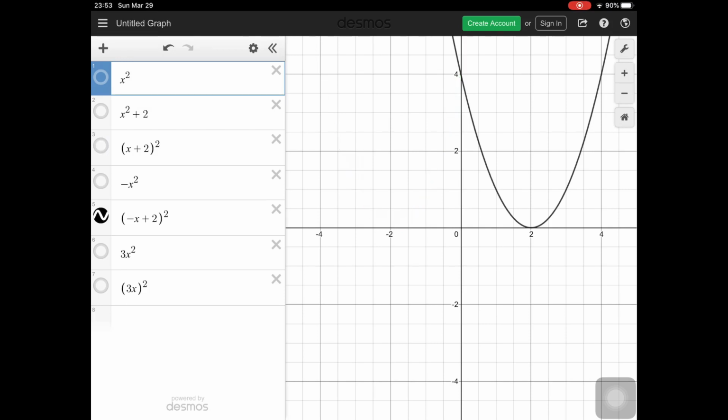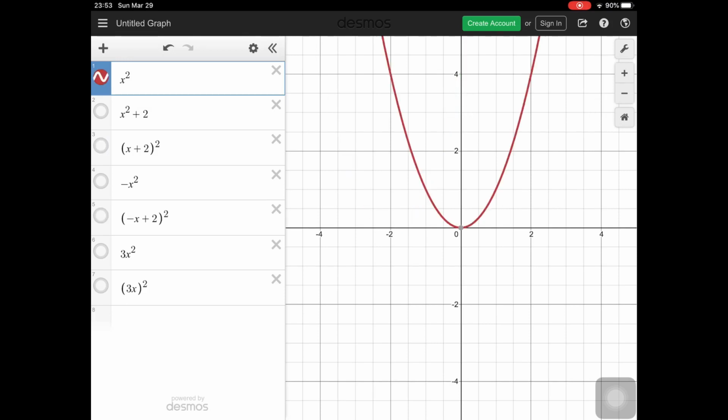Then, going back to the parent function, what do you think should happen for the sixth function where we have 3x squared? Pay attention, we're going to get something like this. The dashed red function represents this transformation, which we call a stretch, a vertical stretch in this case, okay? So if you see, the graph looks more compressed than the original function, and all of the values of y are tripled.